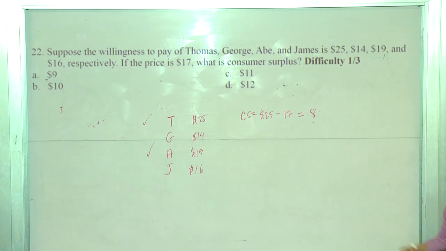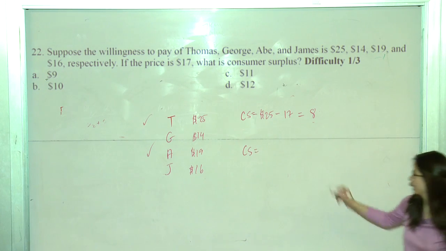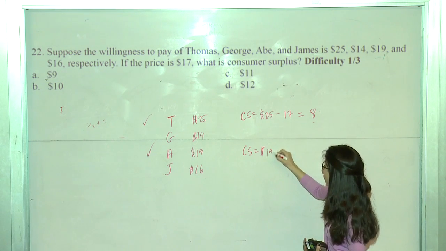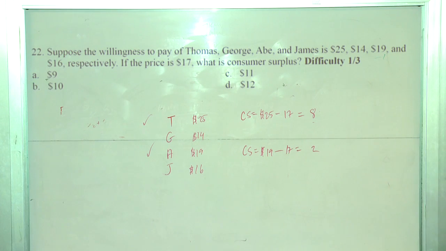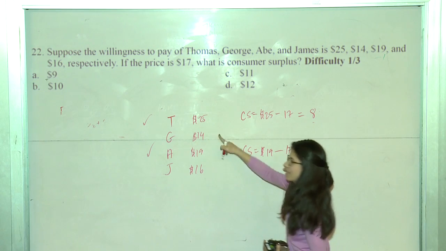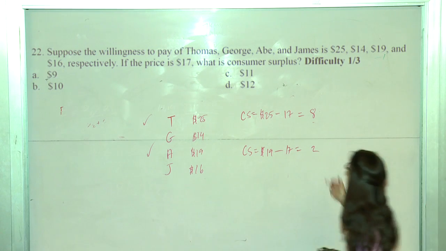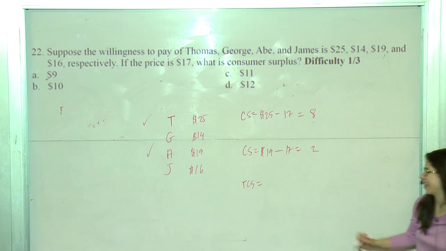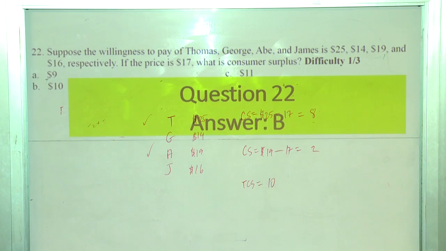And now the consumer surplus for Abe is going to be, his willingness to pay is 19, excellent, minus 17, which is 2. Now, why don't we have a consumer surplus for these guys? They're not buying the good, okay? So the total consumer surplus is equal to 10. Excellent job. So that is choice B. Questions about this one?